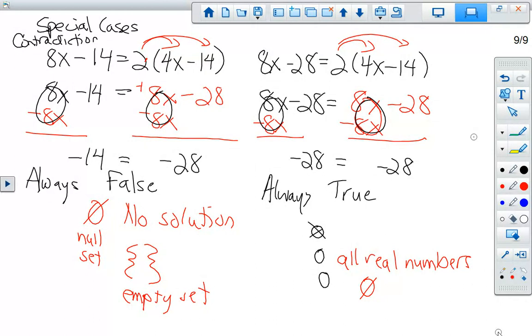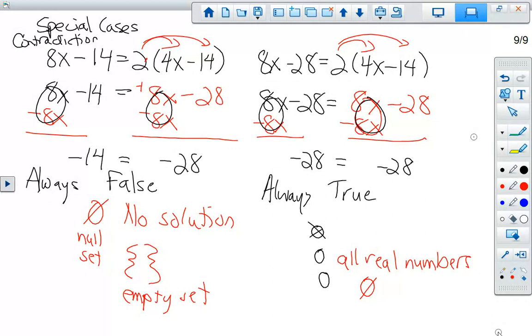What they're saying is on this one, anything you want to plug in is going to work. You pick a number, I plug it in, and it gives me the same value on both sides. If I put in a 2, a negative 10, or a 100, they're always equal to one another. You need to contrast that with the typical situation, when you have something like 8x minus 14 equaling 5x minus 28, where you don't have the same variable.